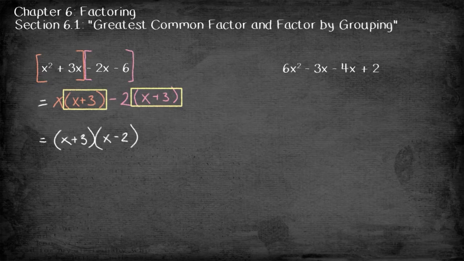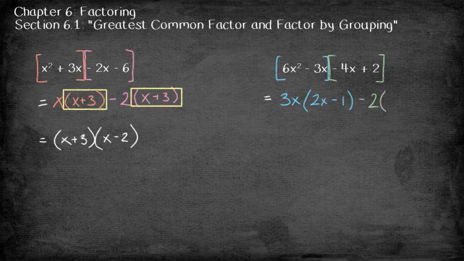All right, one last example. If I break it up and group these 2 together, they have a common factor of x, and they also have a common factor of 3. These 2 have a common factor of 2. I'm again going to factor a negative out when I factor out my 2.